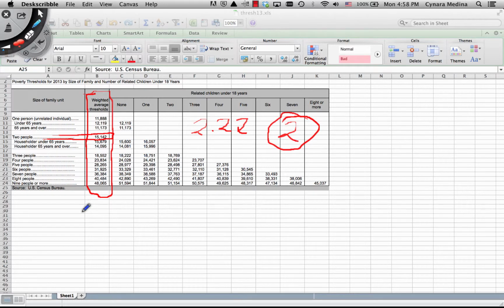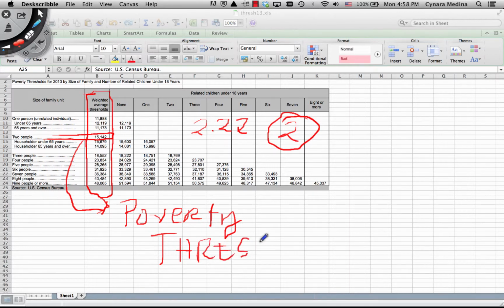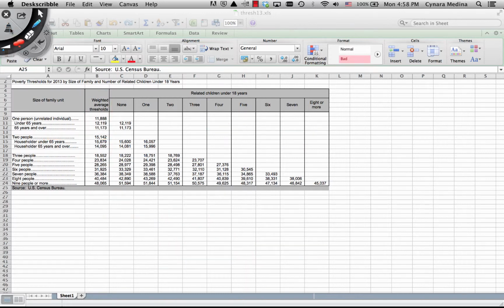And this is my poverty threshold. So once you have that information, you can move forward and do the calculations, which I think is probably what's tripping you up right now.